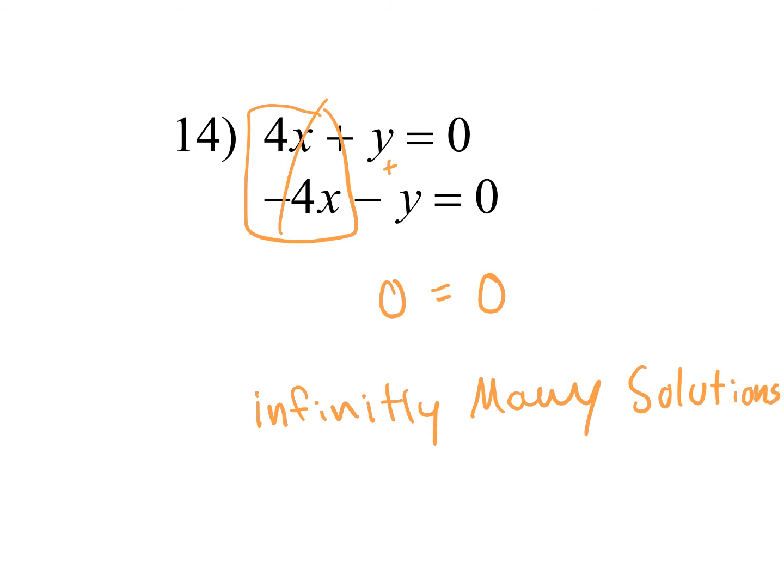Or you could put many solutions. If you see that they all cancel, all 3 of them have to cancel for it to be infinitely many solutions. Yeah, if 0 equals 0, it's infinitely many solutions.